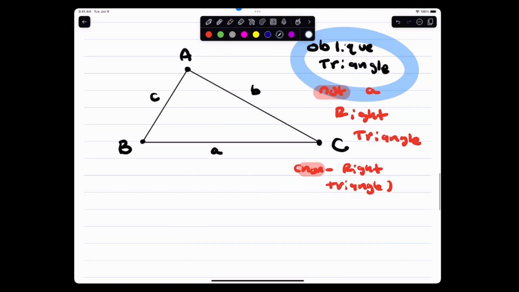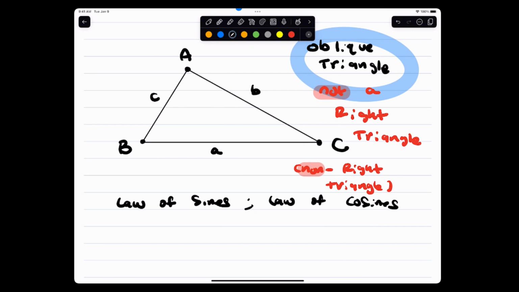Now you say, what tools do we use to solve oblique triangles? Well, we have something called, ladies and gentlemen, do you guys know what it's called? What's our first tool called? We got to learn what's called the law of sines. And then we have the law of cosines. Those are the tools that we use in dealing with solving oblique triangles.